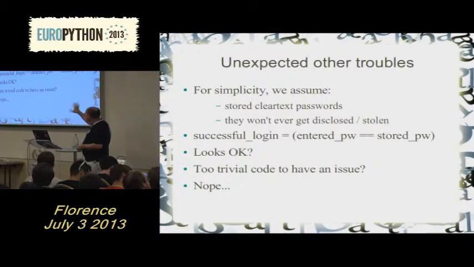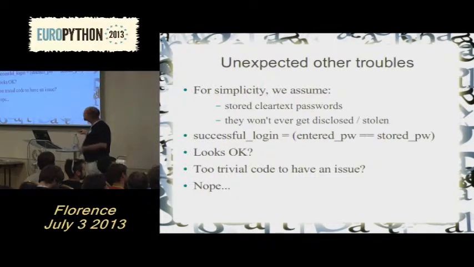We also assume that they never get disclosed or stolen. And then you have in your code, somewhere, that sort of code. You have the password entered at a login prompt, and you have your stored password, you compare them, and this is a Boolean expression, and you know, okay, if it's true, then the login is successful. So this code looks somehow okay. It's somehow foolproof, right? Who sees a problem in this code?